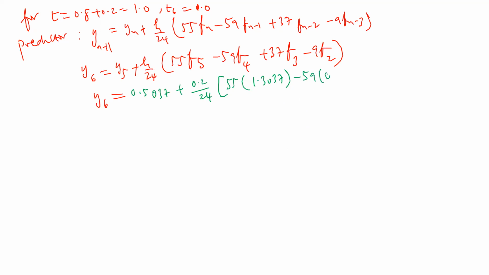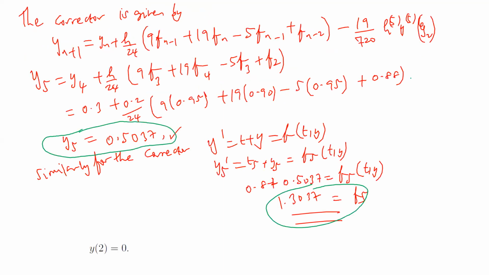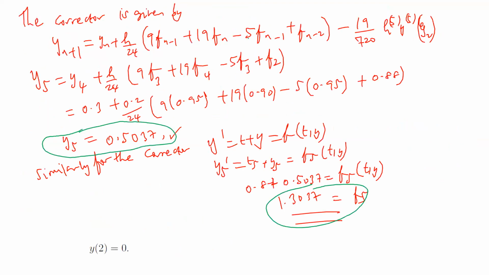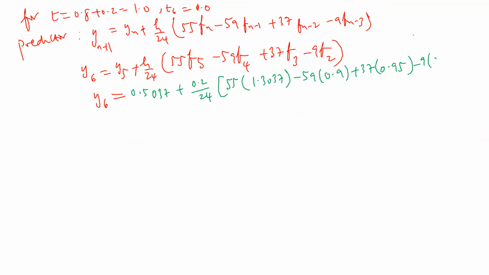F4 is 0.9. F3 is 0.95. F2, we got it from the table. F2 is this one, 0.88. Then we use a calculator to do this one.